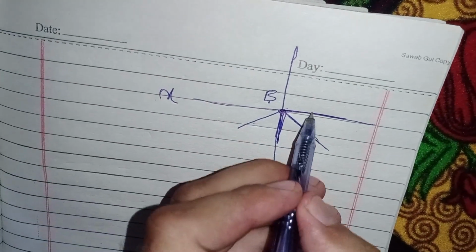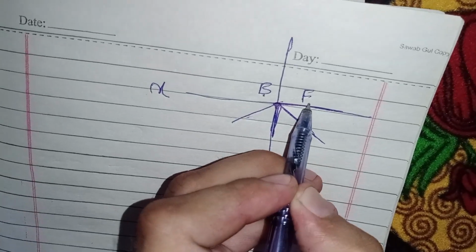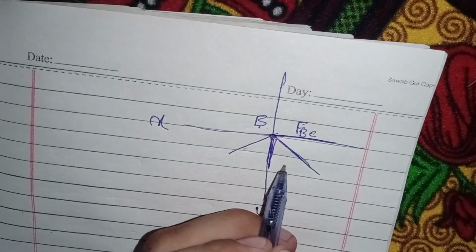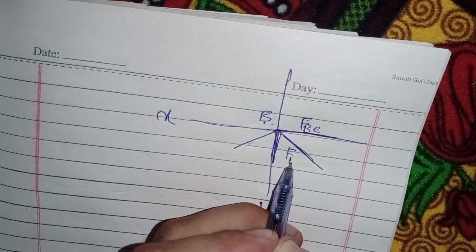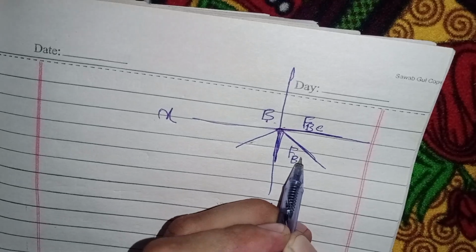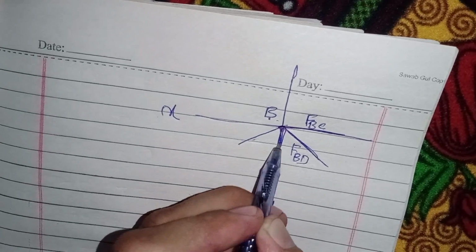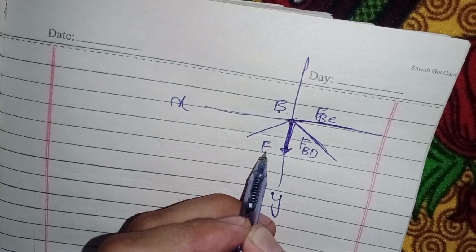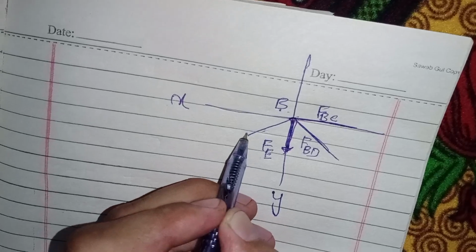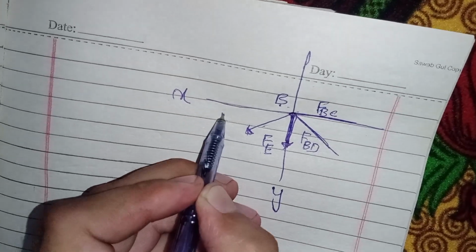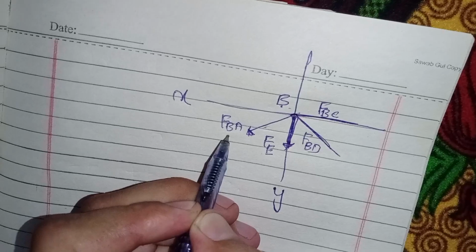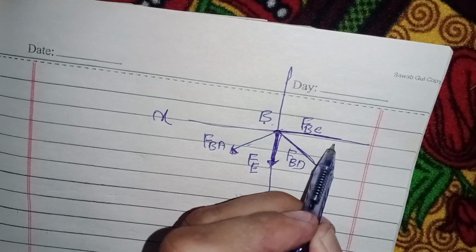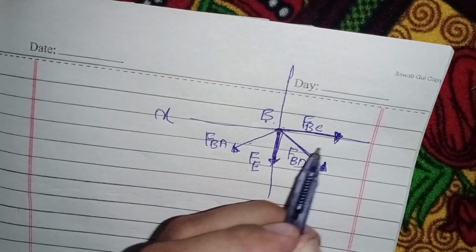This is the force in member BC, the force in member BD, this is the force in member BE, and this is the force in member BA. Okay, these are all the forces, and I assume that all forces are in tension.